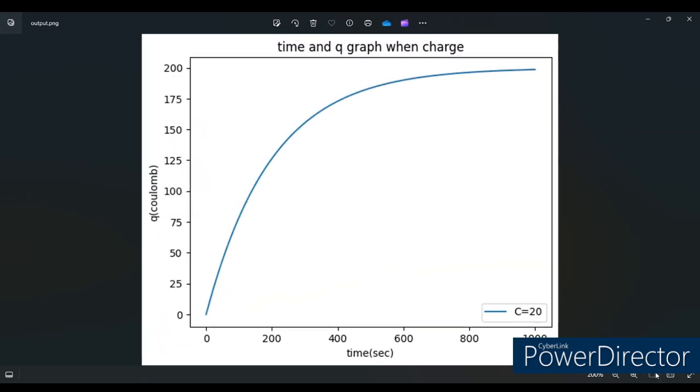This is a charging and discharging graph simulated by using Python. The graph represents the charging process of a capacitor. When the voltage is set to 200 units, the capacitor charges until it approaches 200.